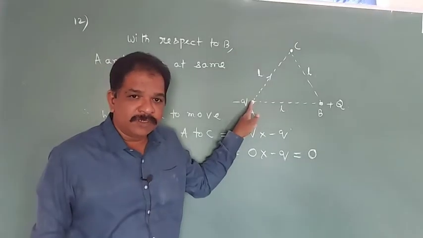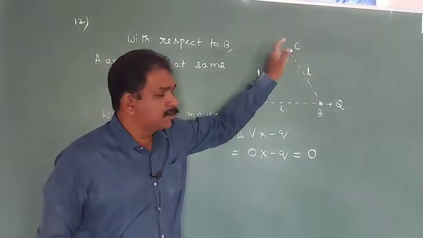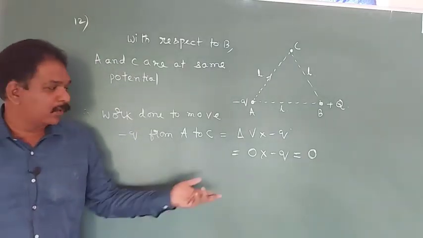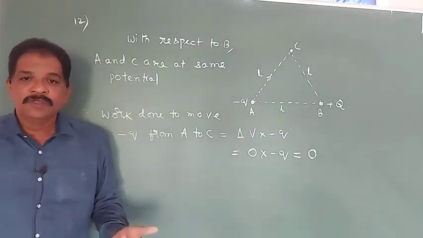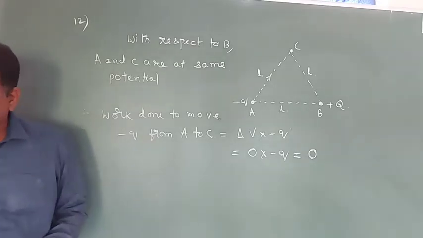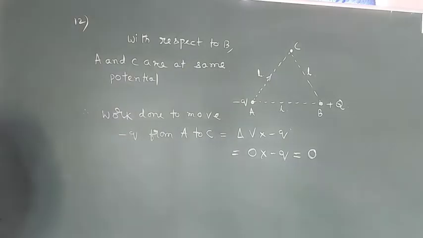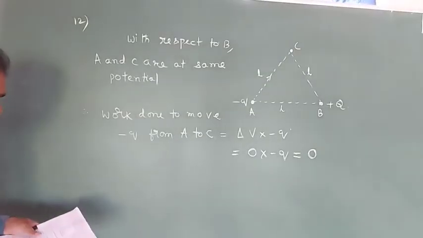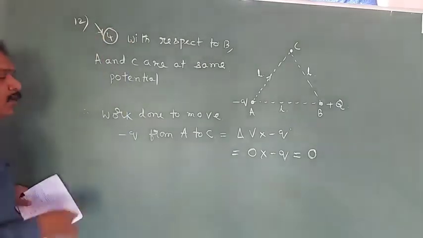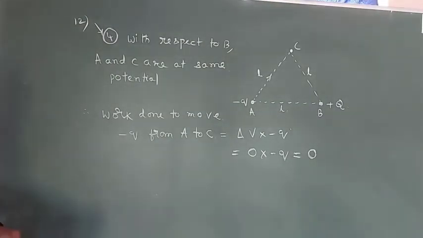Here how much potential will be there? Here also the same potential will be there. Potential is the same means the potential difference is equal to 0. That's why the work done is equal to 0. So for this 12th, we get the fourth option. Clear? Next, 13.